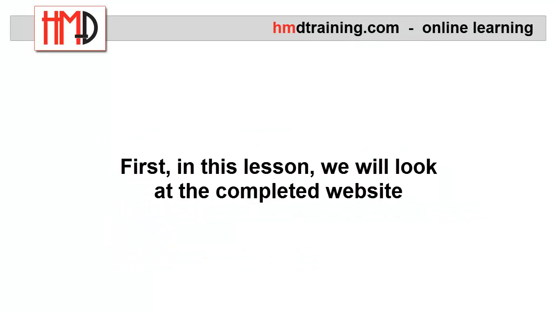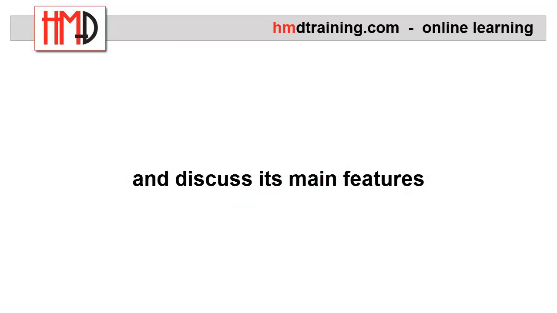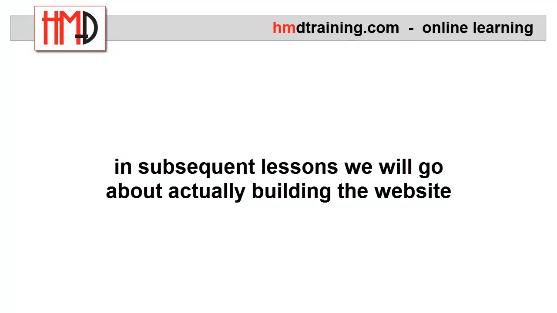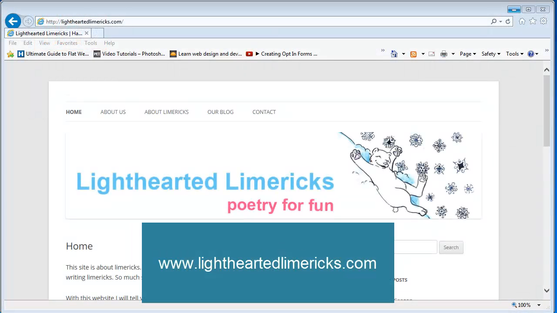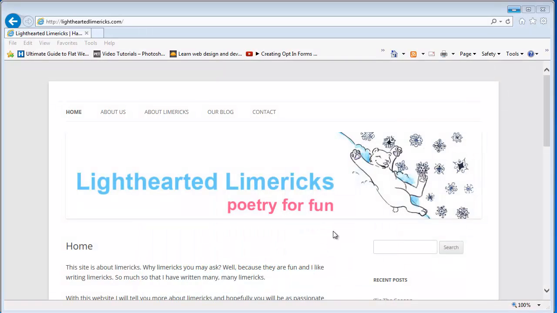First, in this first lesson, we will look at the completed website and discuss its main features. Then in subsequent lessons, we will go about actually building it. So the features to notice, we have it open here on the screen.